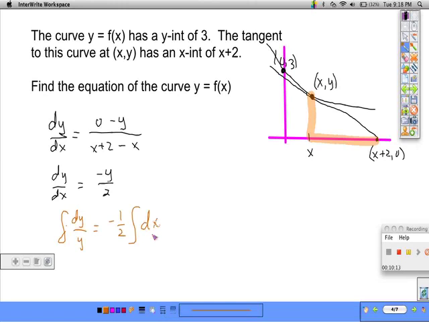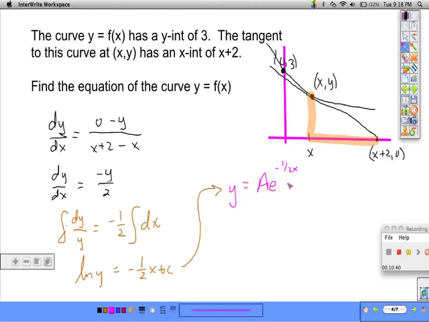So the natural log of y is equal to negative 1/2 x plus c. So then I know that y is equal to a times e to the negative 1/2 x.